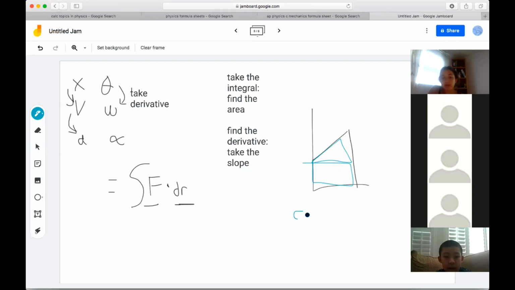And then your area is literally just the work. So let's say the area is 16, and this is F here. So that means the work would just be equal to 16, because work is just force times distance, or technically F times displacement.